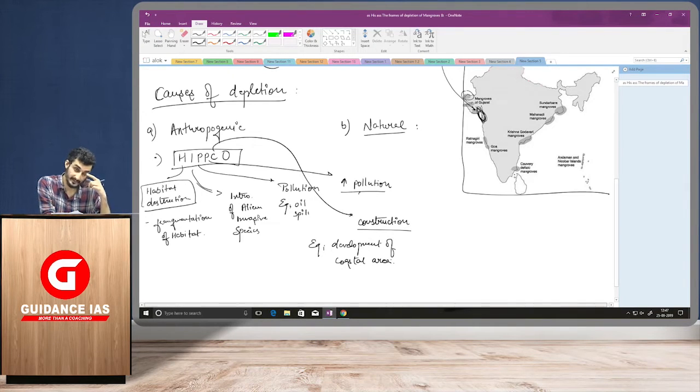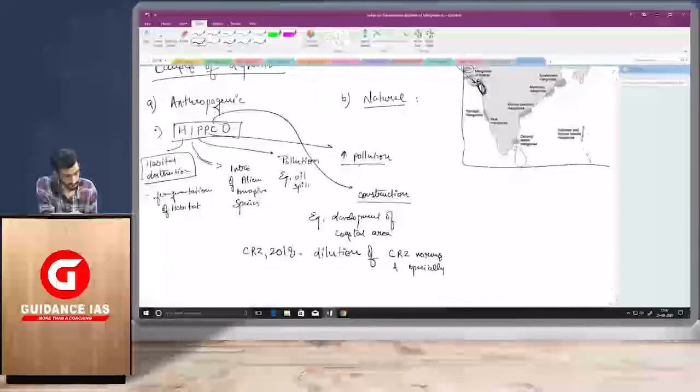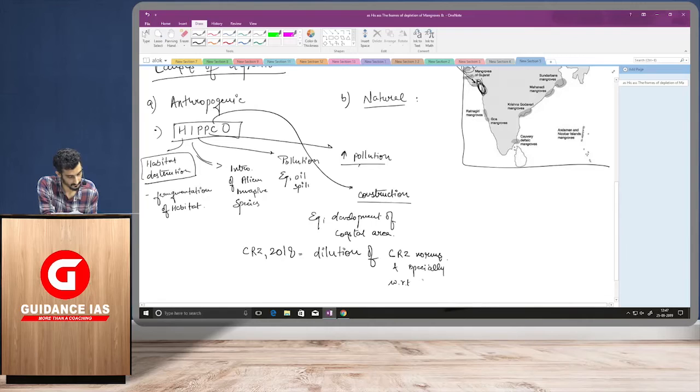So if you know specifically, there are new notifications for coastal regulation zone 2018, in which there is dilution of CRZ norms, and especially with respect to CRZ clearances.